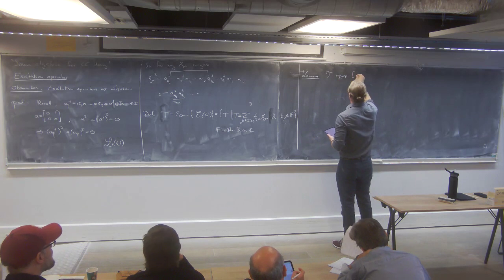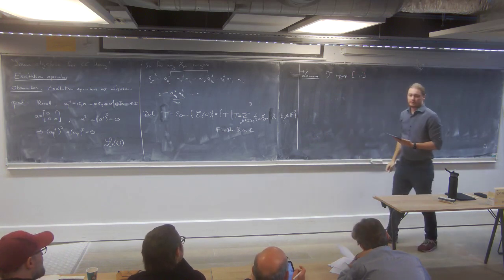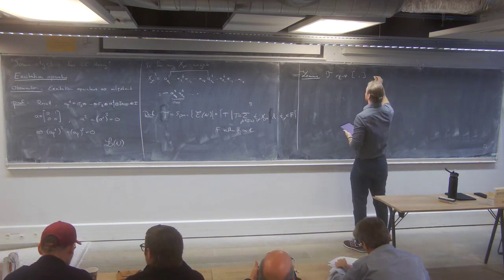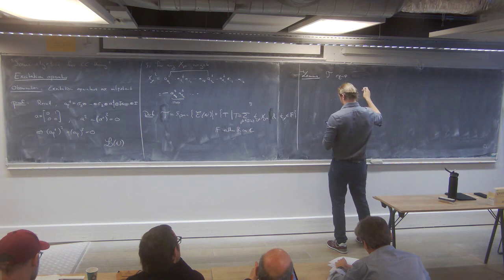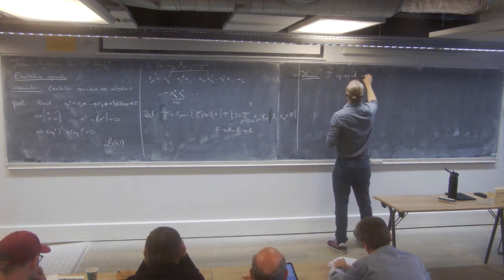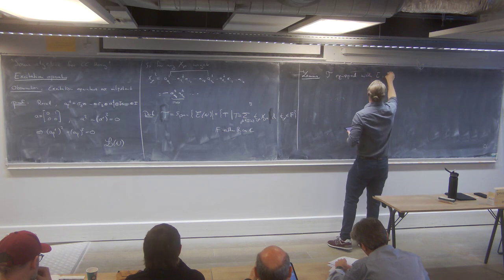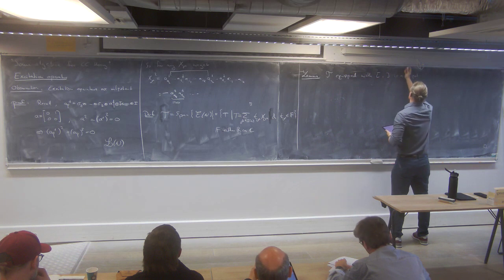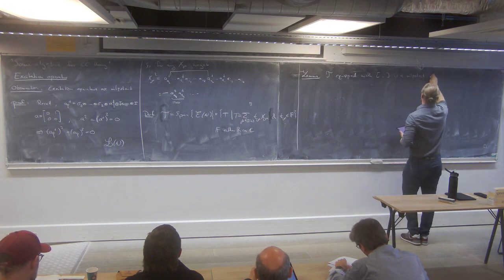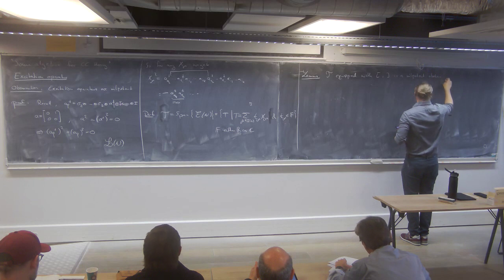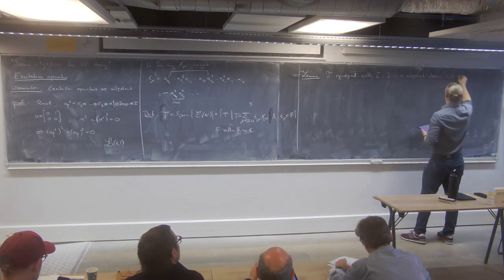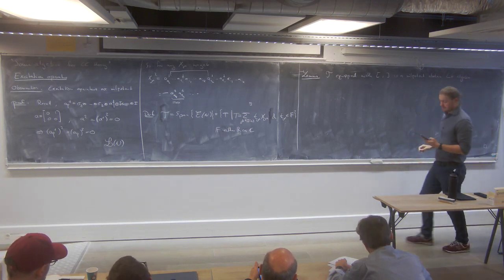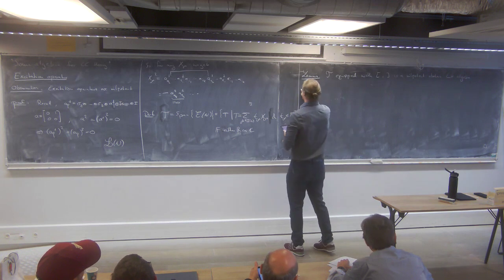And equip T with the conventional matrix commutator. Equipped with the matrix commutator, it is a nilpotent abelian Lie algebra. Okay. So we can convince ourselves of this.